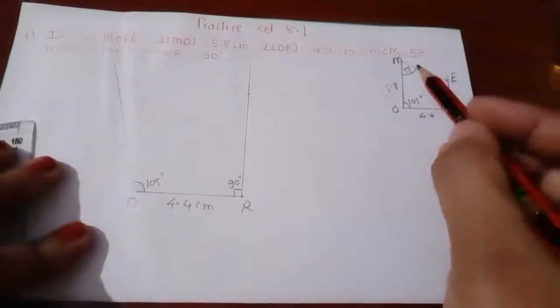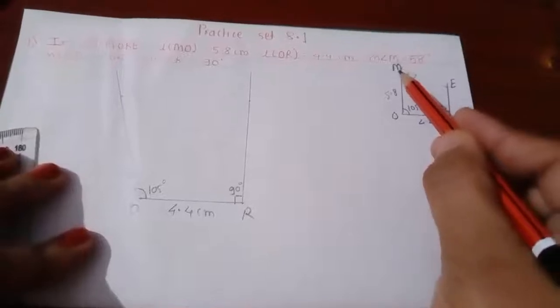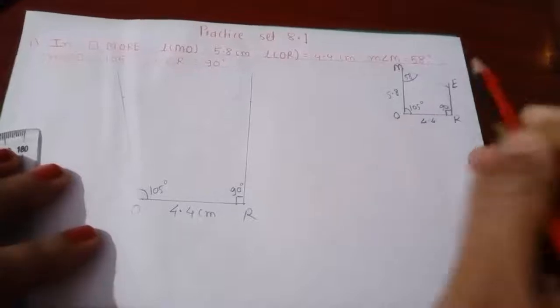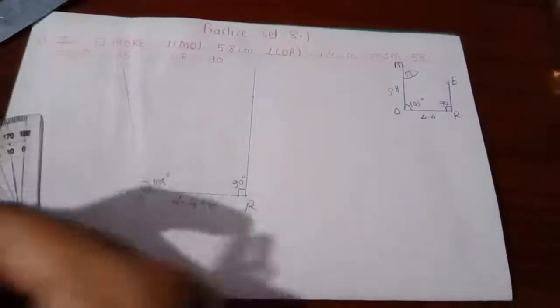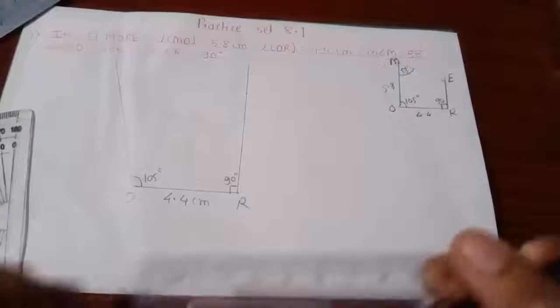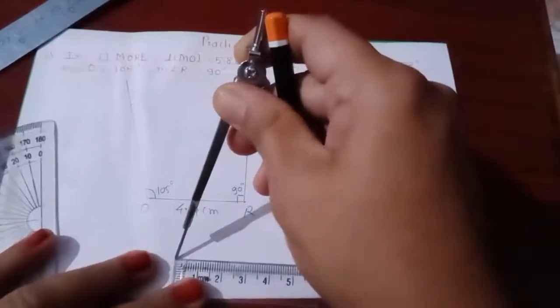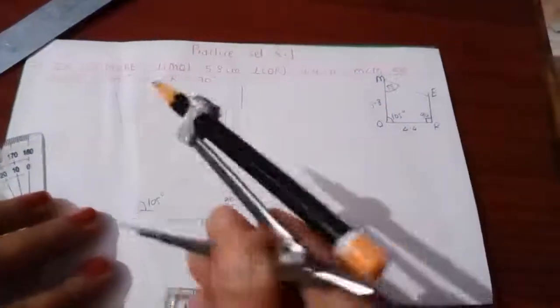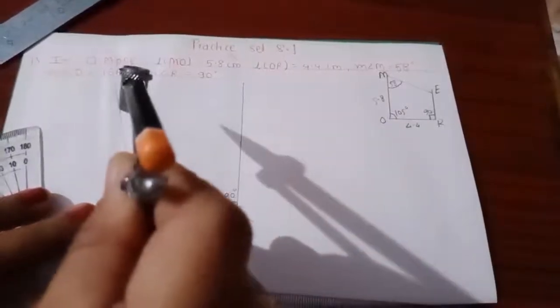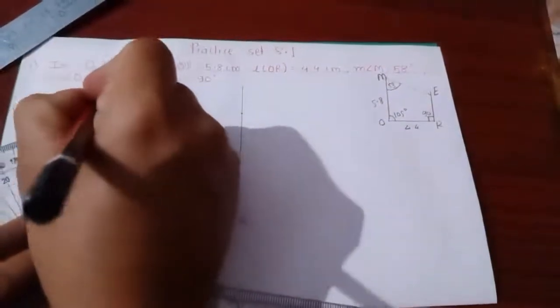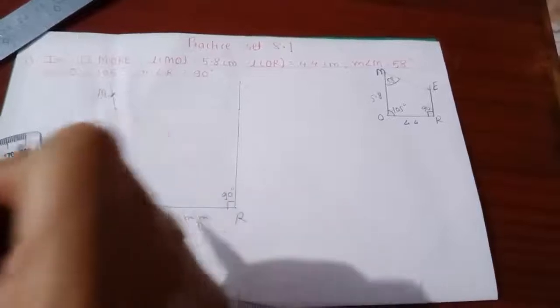Next, we want point M. It is 5.8 centimeter from point O. So take a compass, take distance 5.8, put it on point O and draw one arc. You get the point M, 5.8 centimeter.